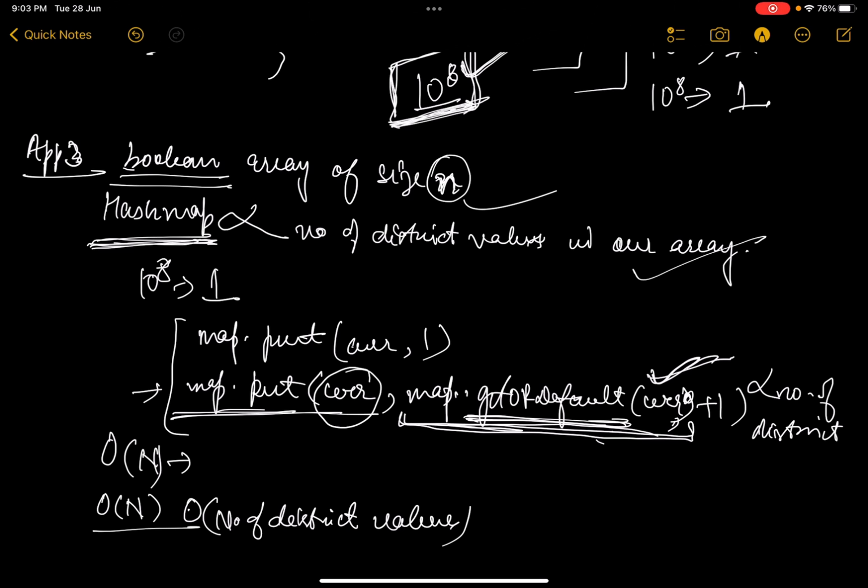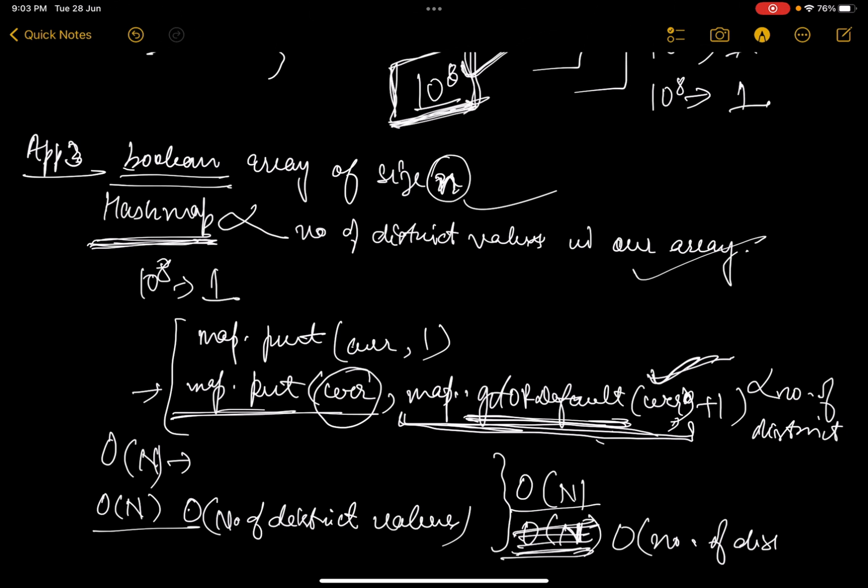So the time complexity is big O of n, and space again is big O of n. Sorry, n here is not the size of the array, but the number of distinct elements.